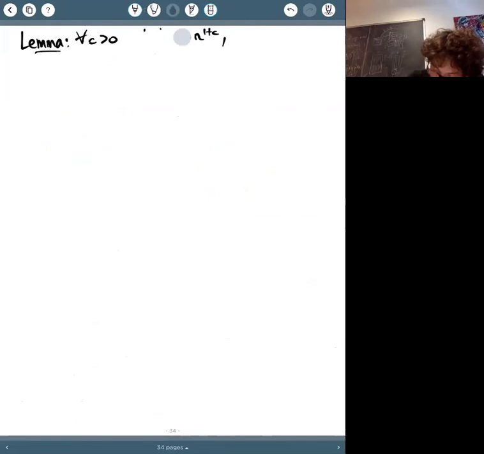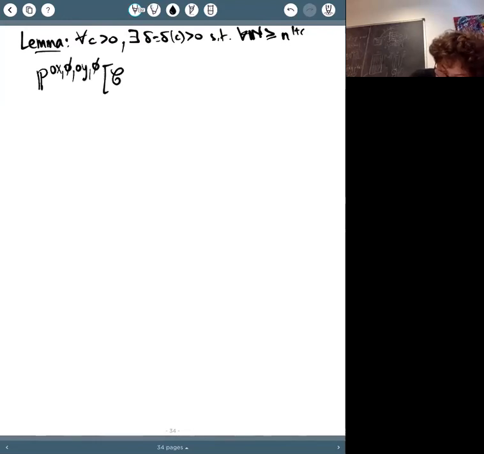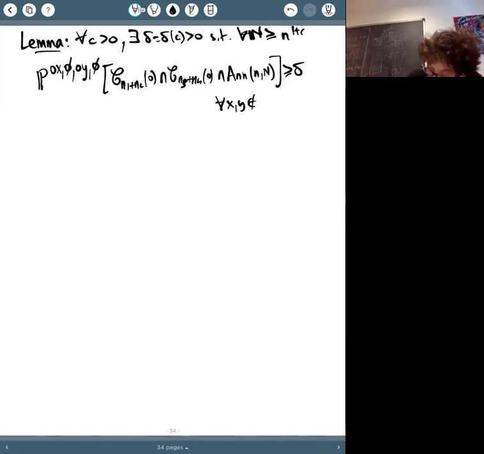No, for every C, there exists a delta, which is a delta of C, positive, such that for every capital N larger than N to the 1 plus C, I get that the probability, the probability 0x empty set, 0y empty set of Cn1 plus n2 of 0 intersected Cn3 plus n4 of 0 intersected with the annulus small n capital N, this is larger than delta for every x and y, not in lambda, maybe let's call 2n.